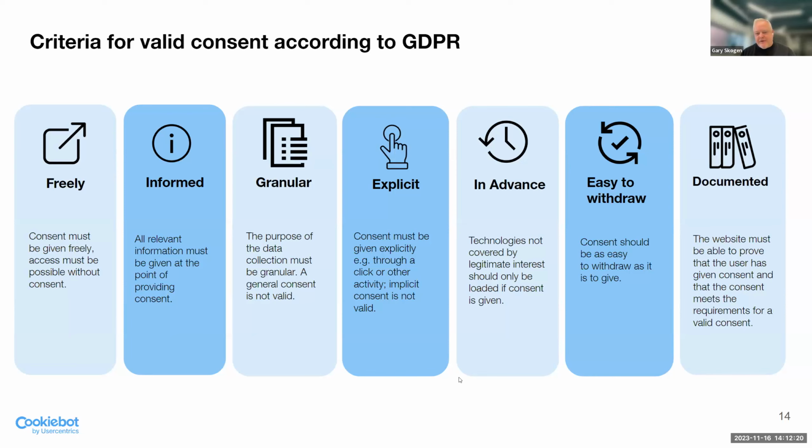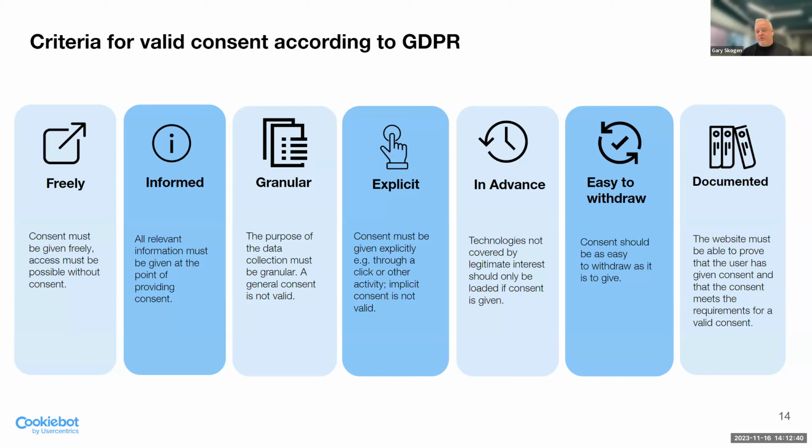Legitimate interest is a very fuzzy aspect of GDPR in that a site can state that it's in your legitimate interest for them to offer something, but we have ways of opting in and out of those legitimate interests in our Cookiebot banners.